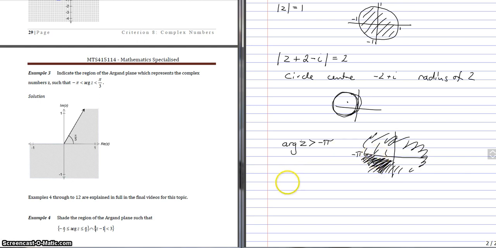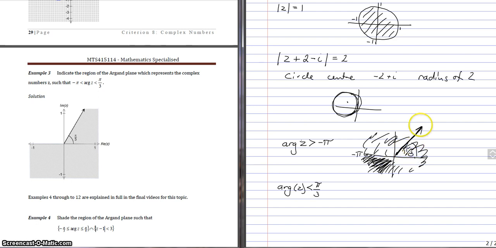But then let's think about the other part. We've got the argument of z which is less than pi on 3. Argument of z equals pi on 3 represents an angle that comes up here, pi on 3 measured from the positive real axis.